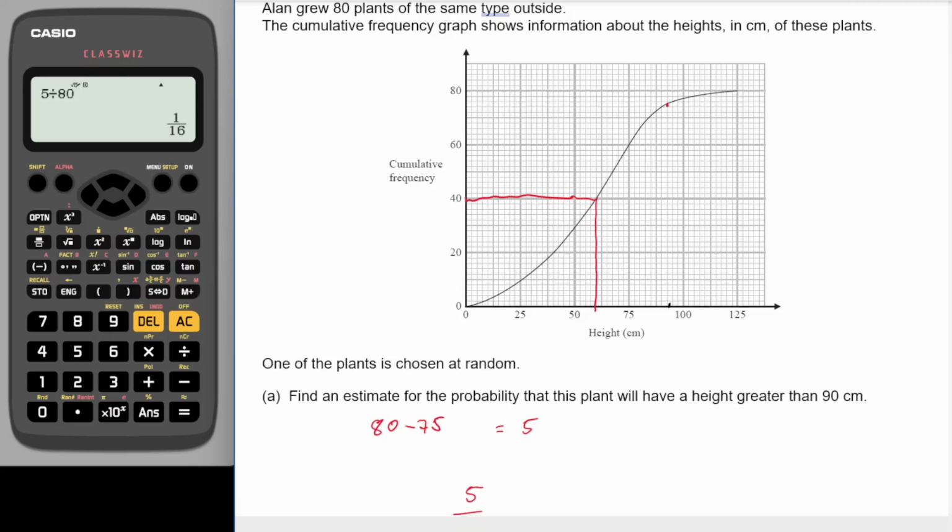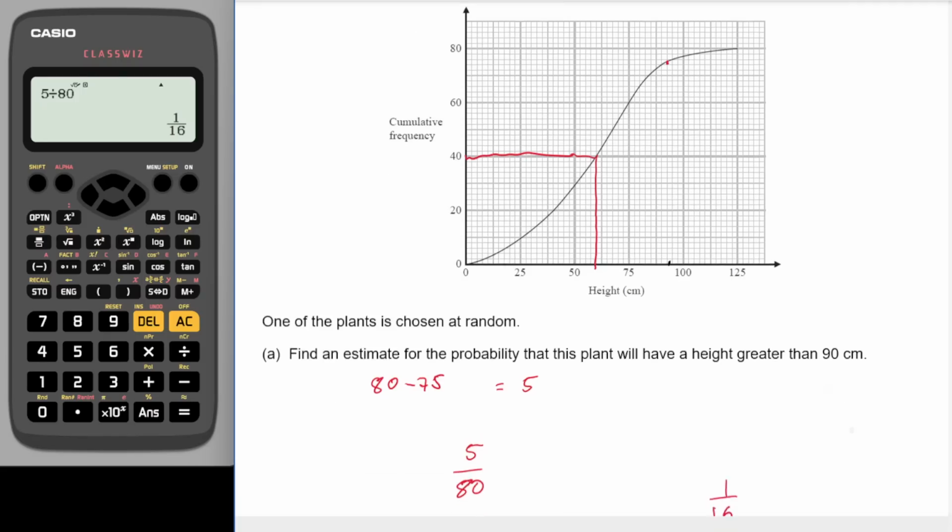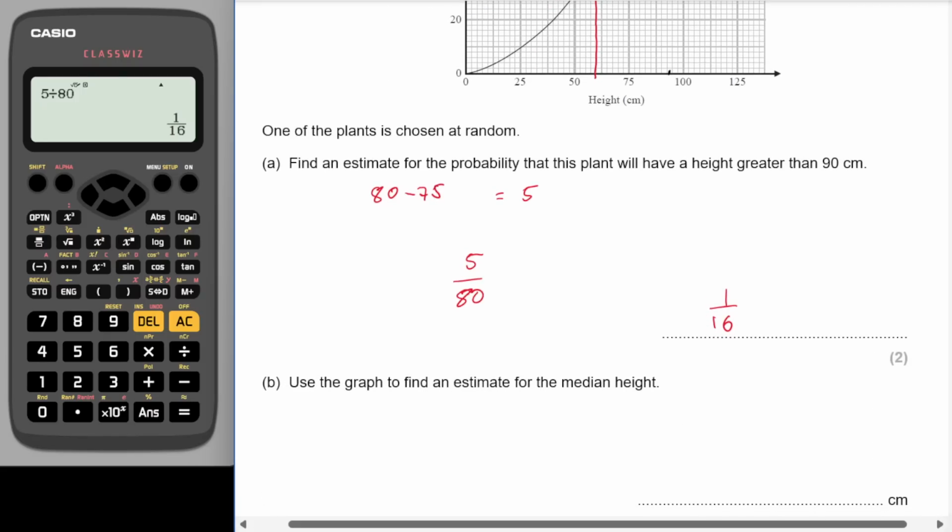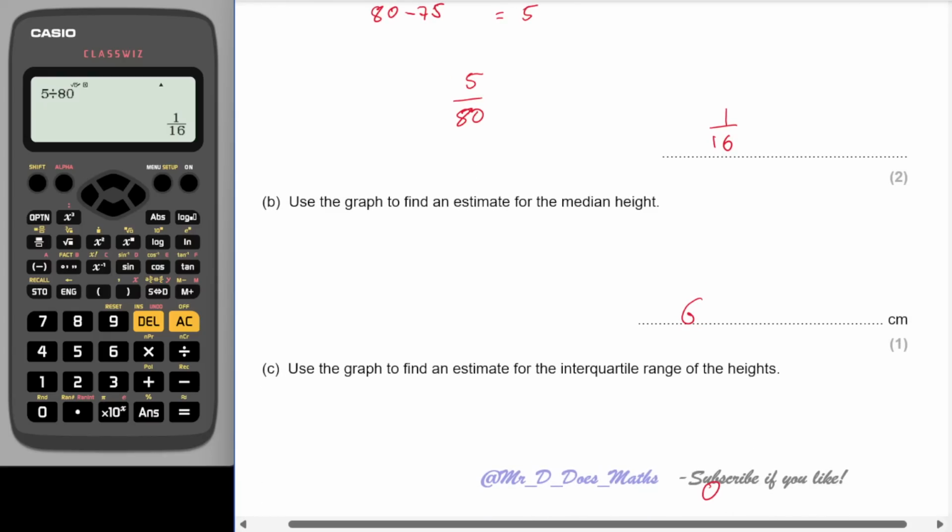Yeah, I probably should have gone for 6 there. That's not a problem though. So we're looking at 4 times 2.5 is 10, so we're looking at 60 centimeters. And then the estimate for the interquartile range of the heights.